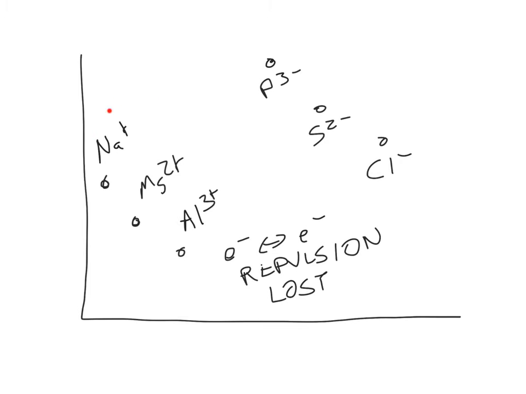When we compare these three, aluminum has lost 3 electrons, and so it's lost the most repulsion. The effective nuclear charge has come up. All of them are isoelectronic with neon. So they've reached an electron configuration of 1s2, 2s2, 2p6.